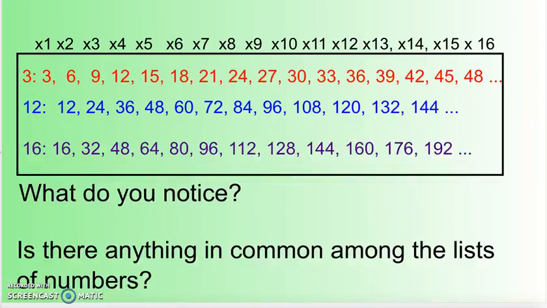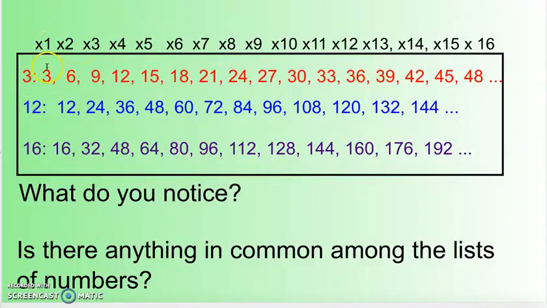What do you notice with these sequences? Is there anything that you notice that's in common among these lists of numbers? Okay, so let's start off with the red list. Well, here's what I notice. I notice that for 3, if I take 3 and I multiply by 1, I get 3.